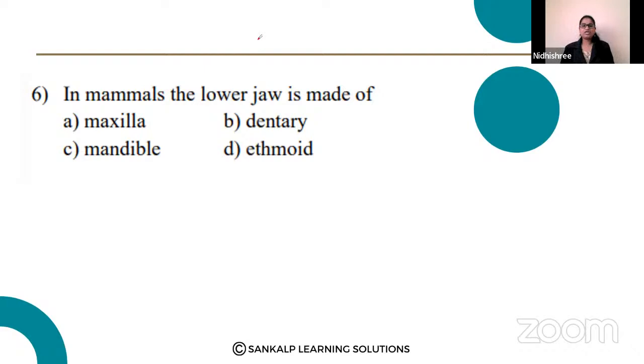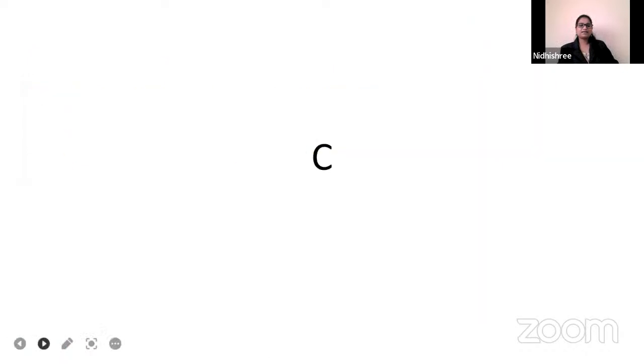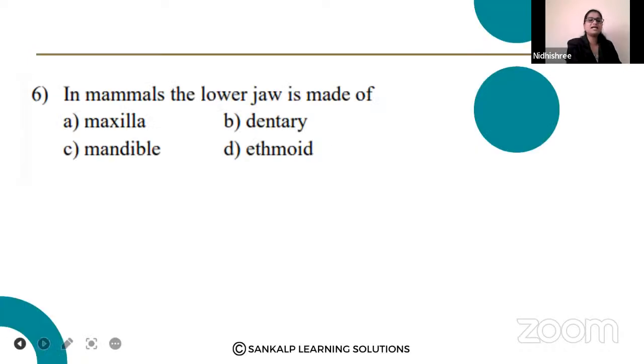Parvati, option C, Kanchana Raj, option C, Amrita, option A, Preeti, option C, Sinchana, option C, Lohit, option D, Soumya, Shilpa, Pallavi voted for option C, Saima, Rakshita, Nuhu Sayyad, option C, Chandru, option D, Gayatri, Geeta, option D. So let us check the answer, guys. The right answer is option C, that is mandible. Okay, fine.